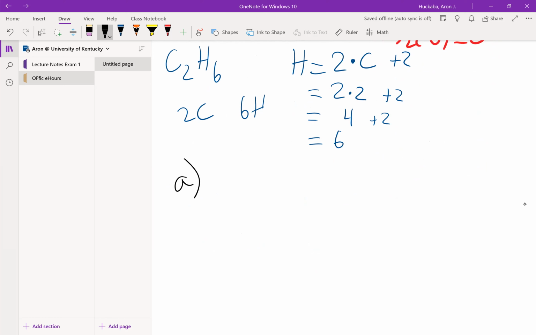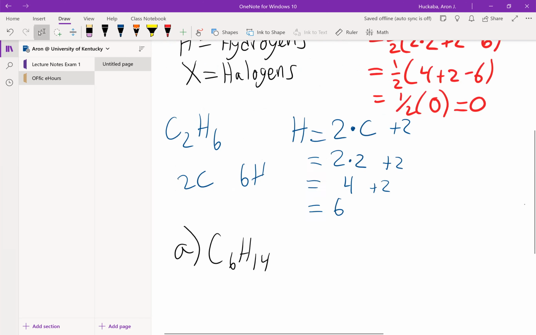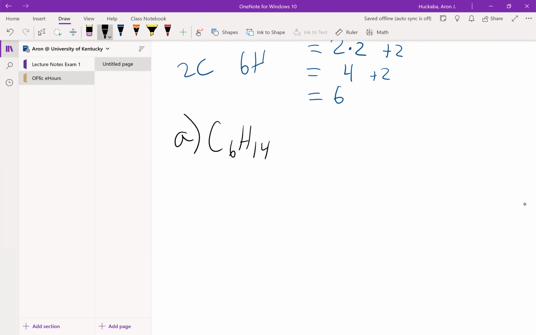And A says, we're looking at the constitutional isomers for C6H14. Okay, so using our HDI formula, we have HDI is equal to 1/2 times 2 times the number of carbons plus 2 minus the nitrogens minus hydrogens.